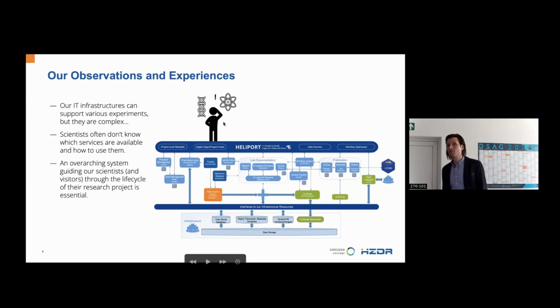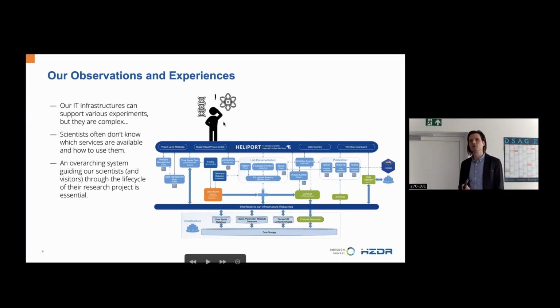And then there was, I think in 2020, the call for the first HMC projects. And in the end, when we have something here in this ecosystem, it is primarily metadata. So we start writing the proposal. And since then, our data management guidance system has the name HELIPORT for Helmholtz Scientific Project Workflow Platform.